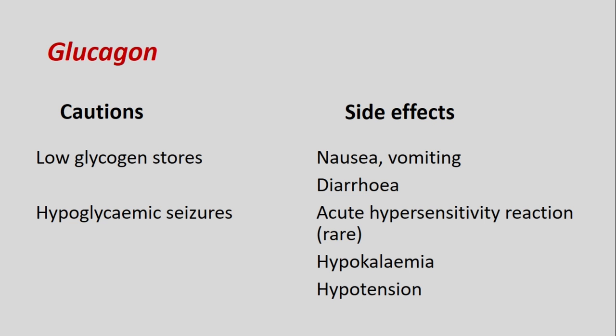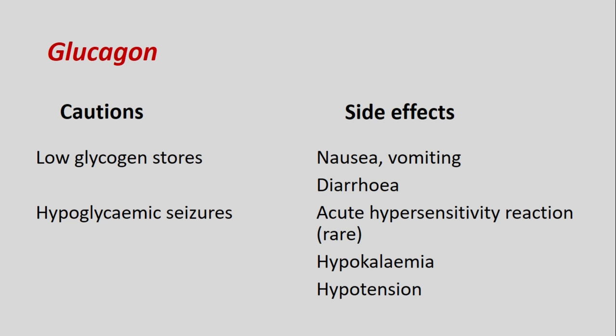If the patient is starved, they will likely have poor or very depleted stores of glycogen, rendering glucagon ineffective, possibly delaying treatment. Secondly, those patients who are suffering from hypoglycemic seizures. This is because IV glucose is the preferred intervention in these patients for its mechanism of action and the speed in which the drug can reach its peak effect.